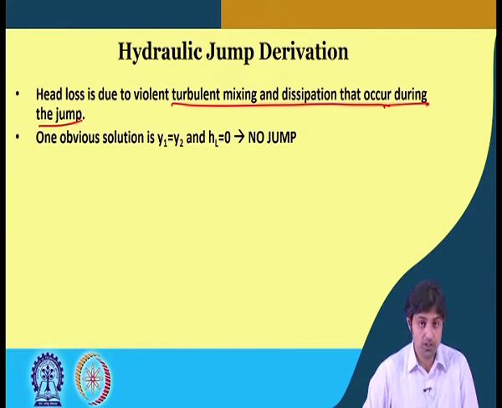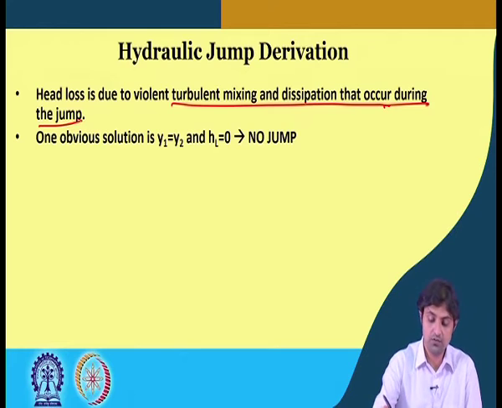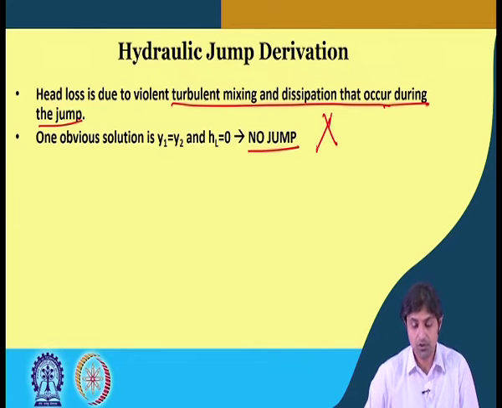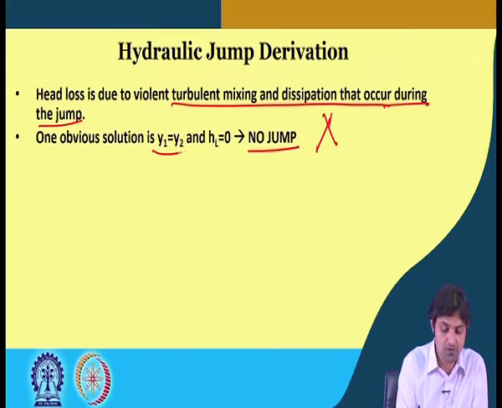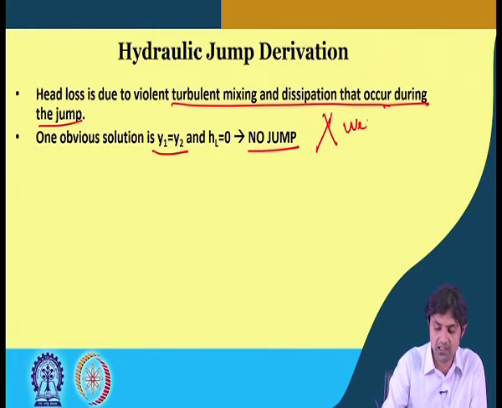For the equations written behind, one of the obvious solutions is y1 equal to y2, but this implies that there is no head loss, therefore implying that there is no jump. So, this is not an acceptable solution to us, because we are assuming there is going to be a jump. So, one solution is y1 equal to y2, which we neglect.